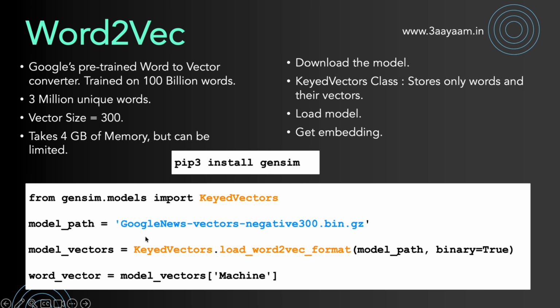So this is the first hands-on to create vectors of words. In this case, we'll be using a pre-trained model, which is already available, given to us by Google. I'm using Google's model. If you want, you can use another model also.